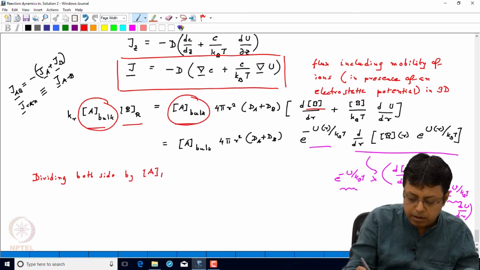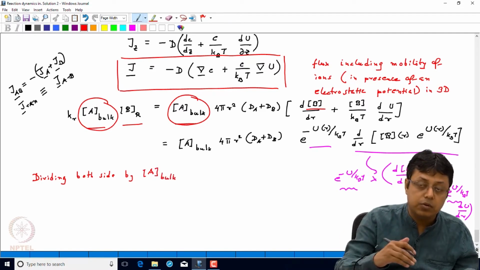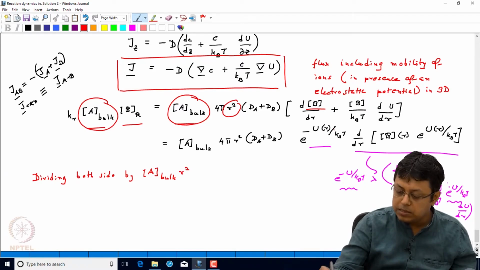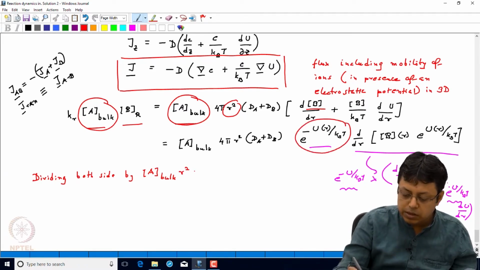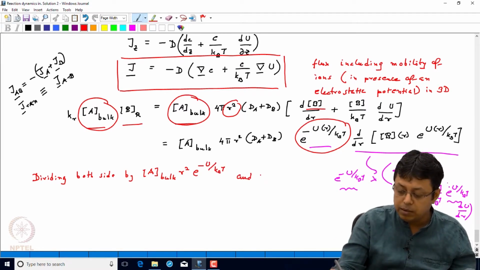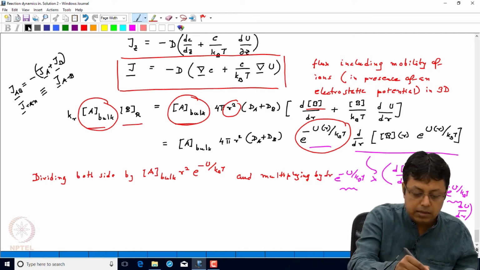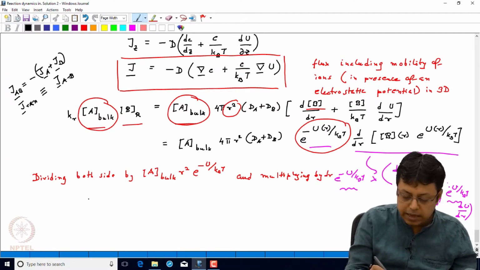Since I want to do the r integration on my left, I'll also divide both sides by r square, and to eliminate this term, multiply by e to the power minus u by kBt, where u is a function of small r. And since I'm doing the r integration on my left, we have to multiply by dr.